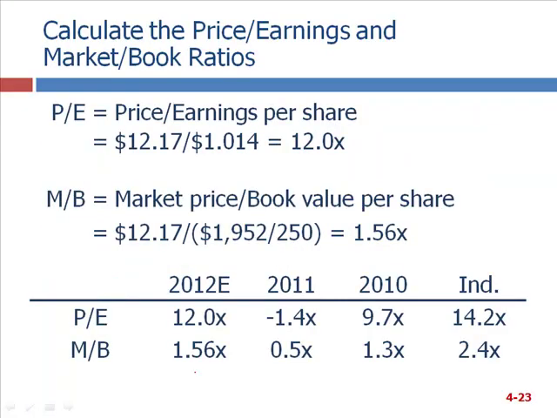So this market to book ratio tells us that investors are actually willing to pay about 1.5, 1.6 times what the books say that the equity should be worth. In reality, that's to be expected.